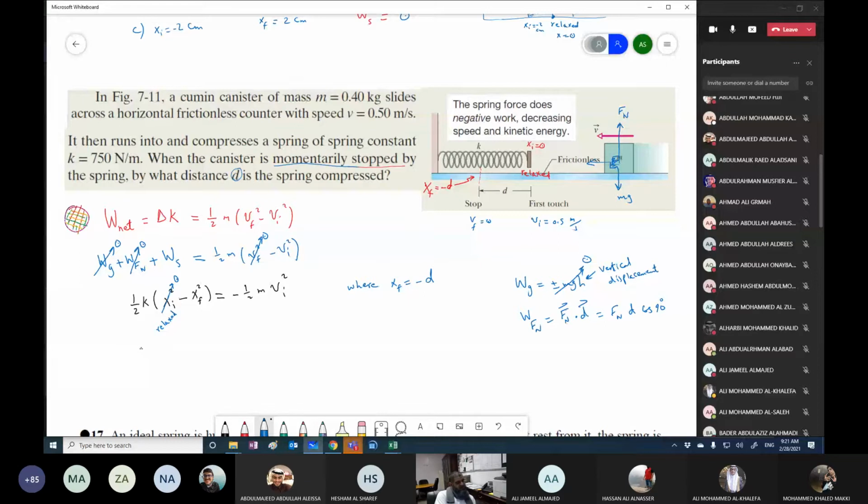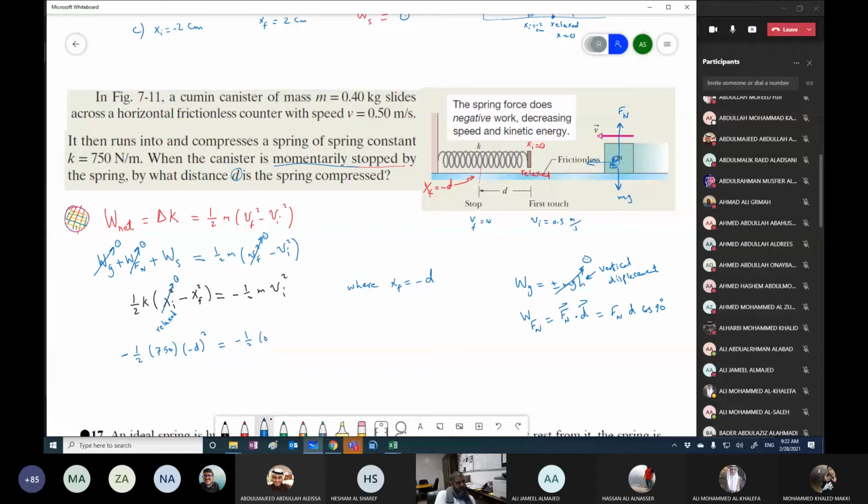So we'll end up having the following: 1/2. Of course there's a minus sign we'll take outside. The K is 750 newtons per meter. X final, which is minus d all square, equals minus 1/2 m v initial square.